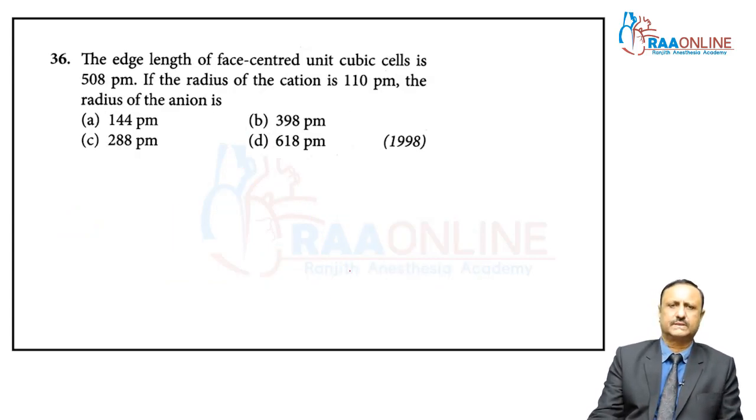Question number 36: the edge length of a 100 cubic, it is a very simple question, is 508 picometer. If the radius of the cation is 110 picometer, the radius of the anion is what?